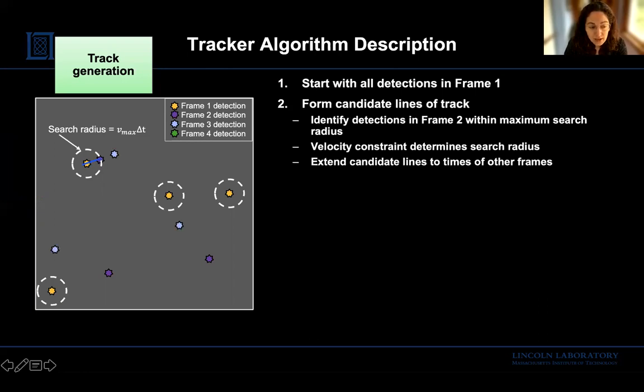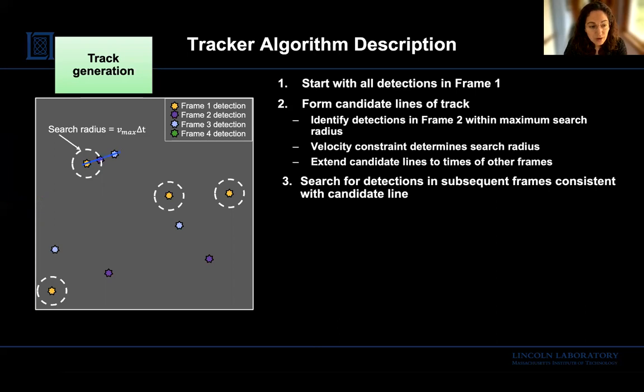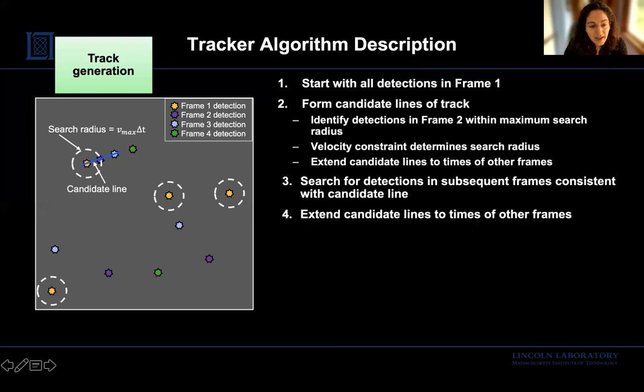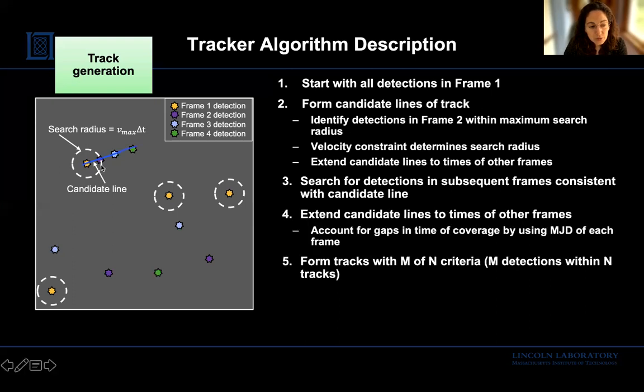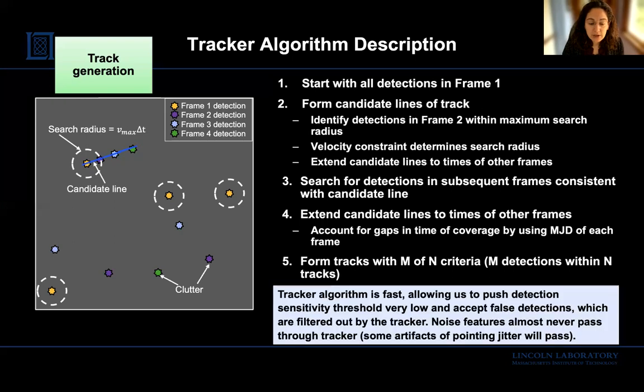So we extend the candidate lines of track to subsequent frames. And we look for any detections that follow that path. And from this, in each subsequent frame, we are able to identify tracks that have at least m detections within n frames. This algorithm is extremely efficient, and it is very good at rejecting clutter.